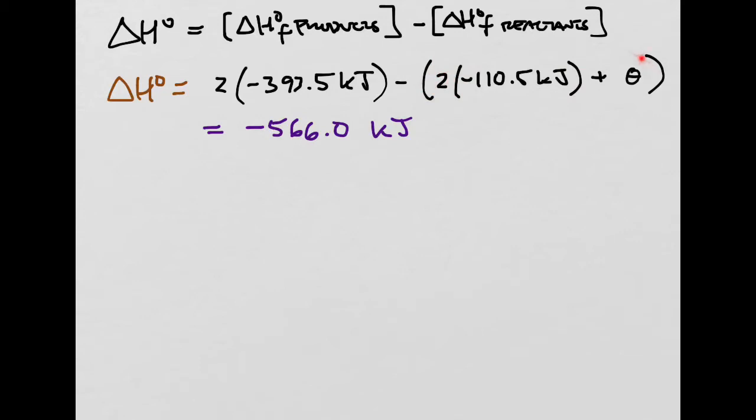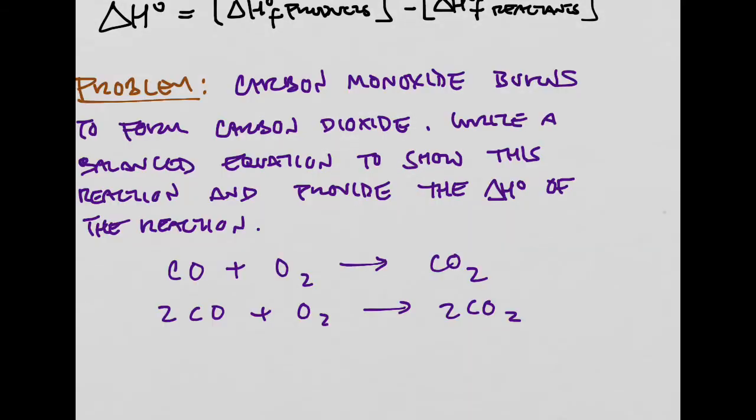Another thing that's really wacky is that I have a 0 for the oxygen. That's totally fine, because elements in their standard state always have an enthalpy of formation of 0. It doesn't take energy for them to come into play because they simply exist out there in the real world.